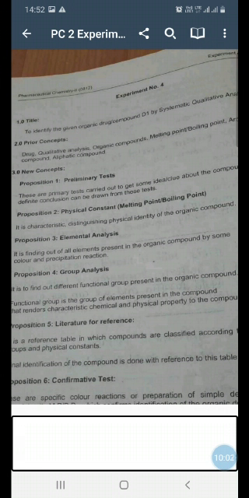Now, the last step. Up to this is your practical work. Here your practical work is over, so you have to stop, and what you have to do is refer to the literature. Literature, for us, means Vogel's Textbook of Organic Chemistry. On the back side of this Vogel there is a table of organic compounds along with their physical constants.